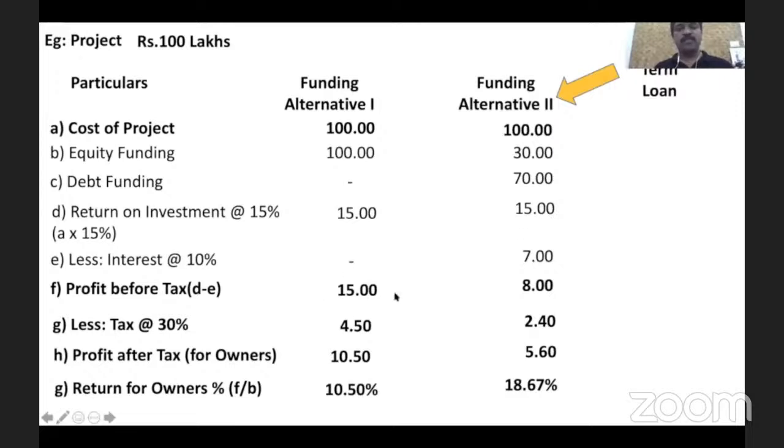And if you see the profit before taxes, yes, you can see comparatively the amount is lesser. But what you have to understand is look at the amount that was invested by the owners. Amount invested by the owners is only 30 lakhs and they are taking 5.6 lakh. It means they are getting a return of 18.67%. So there is a magnified return.